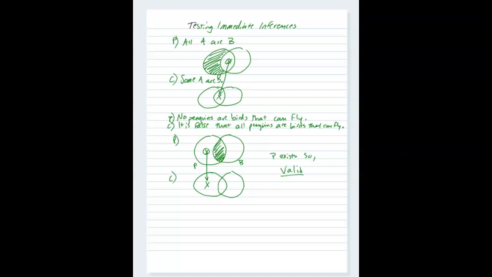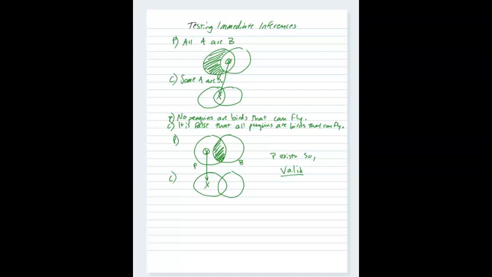Again, let me repeat these steps that we're going to go through, because this is important. We first test the immediate inference from the Boolean perspective. If the immediate inference is valid from the Boolean perspective, it's automatically valid from the Aristotelian perspective. So that part doesn't change. The only thing that changes is when we have a universal premise and a particular conclusion.